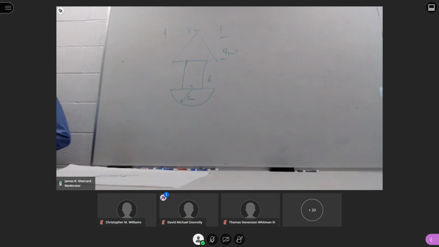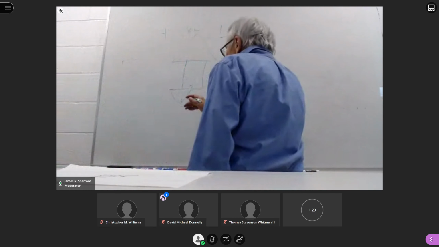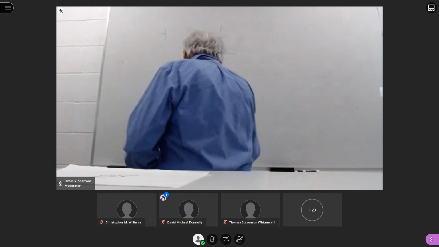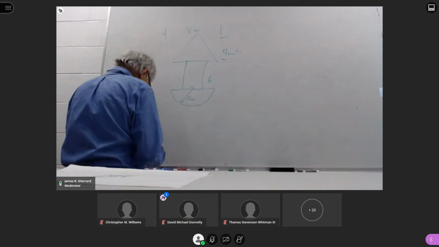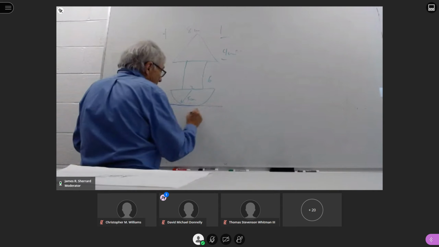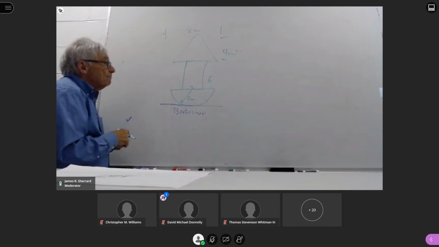Okay, if I go back to my camera, which hopefully you can see, I've resketched this here. Again, you could draw the baseline wherever you wanted. I would encourage you to always use the bottommost point.